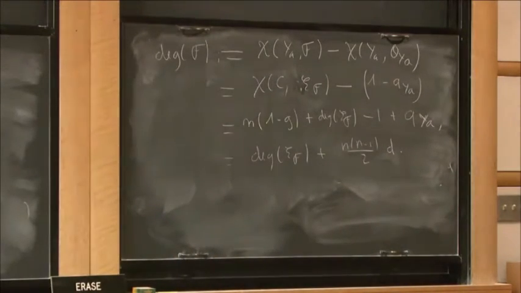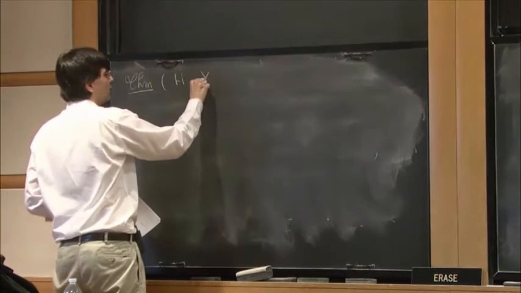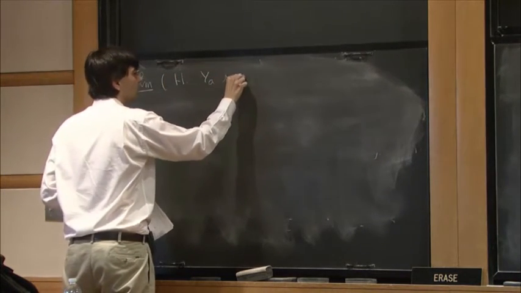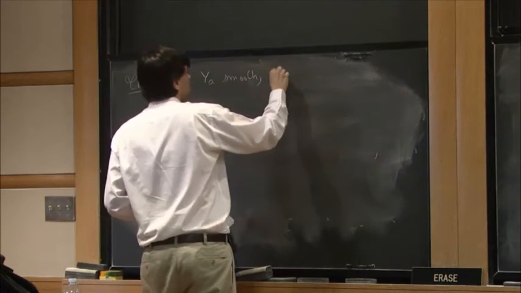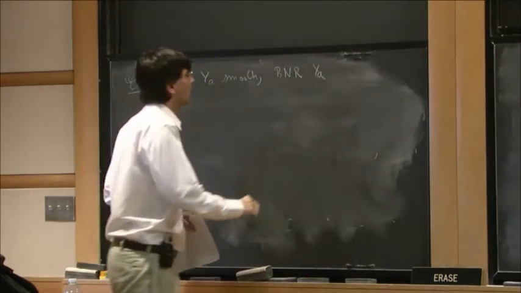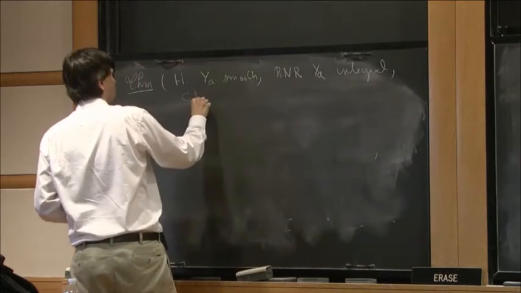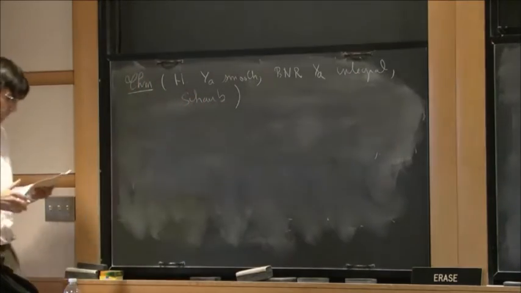So I can state now the Hitchin-Beauville-Narasimhan-Ramanan correspondence. So this is due to Hitchin when the spectral curve is smooth, to Beauville-Narasimhan-Ramanan when Y_A is integral, and Schaub in general gave a proof.